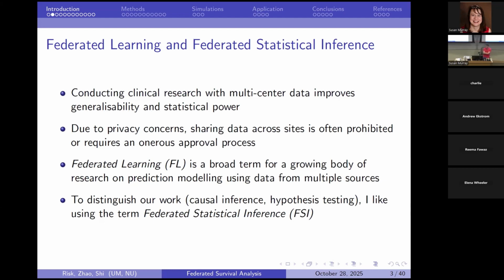So as a result, to distinguish our work, which is more in the vein of clinical research, causal inference, and hypothesis testing, I prefer to use the term federated statistical inference, which kind of distinguishes the task we're trying to do here, where we're not only interested in prediction modeling, we're also interested in being able to quantify our uncertainties, give some confidence intervals, and actually test whether medical treatments work.